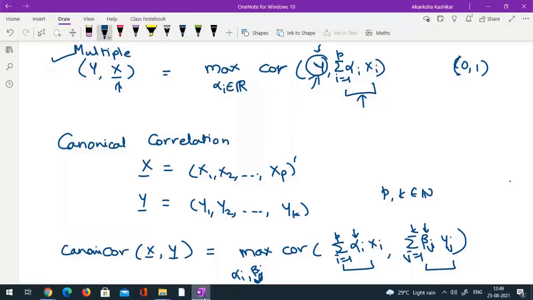If at all you want to look at a formula, just look at this formula, not the final formula. Look at this formula and tell me why it can't be negative.